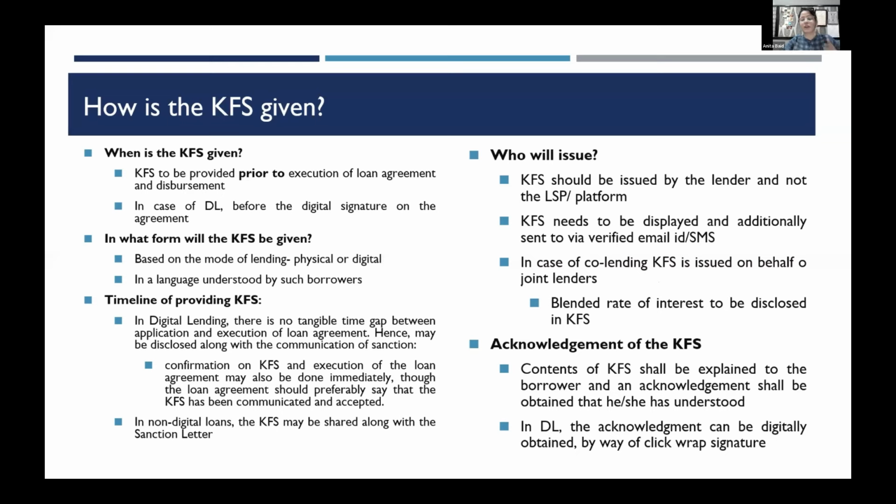Acknowledgement of the KFS is important because, once you have explained the contents of the KFS to the borrower, the acknowledgement has to be taken, either in case of a digital loan by click wrap, or in case of a physical loan, a physical acknowledgement or a simple signature from the borrower that yes, I acknowledge to have understood the terms of the KFS.